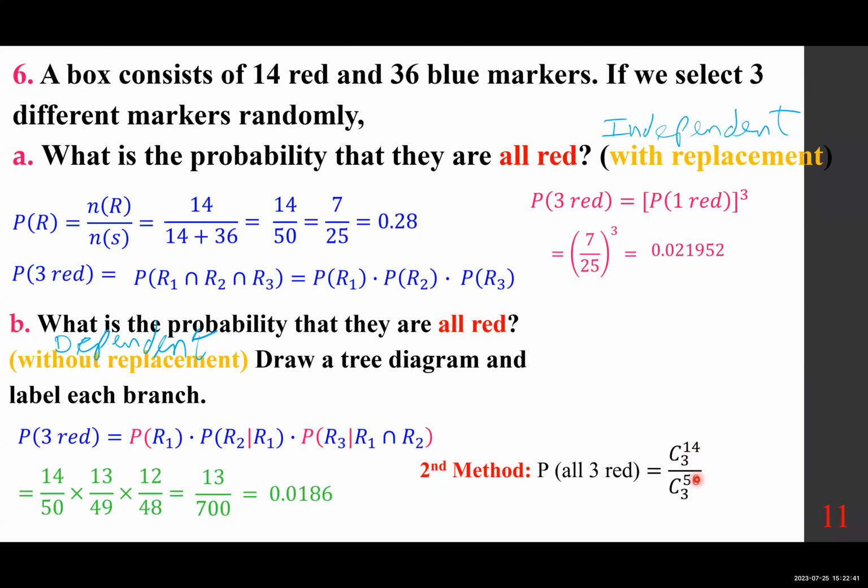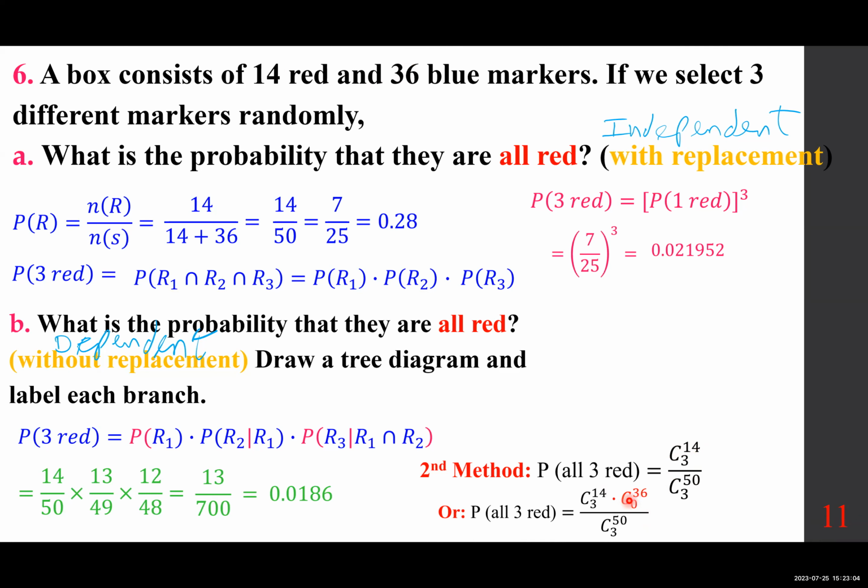And that is the total size, the sample size. What do we want? Out of those 14, we want to pick 3. And by the way, really the proper way of doing the numerator is combination of 14 choose 3 times combination of 36 choose 0, because we don't want to choose any blue, right?